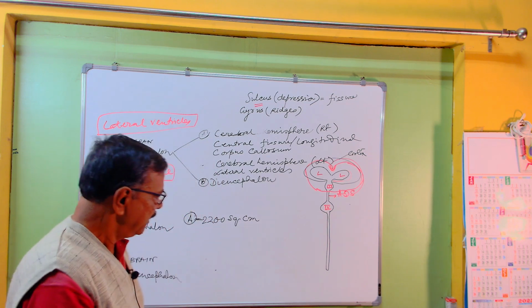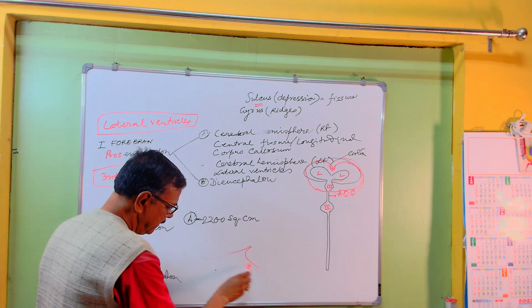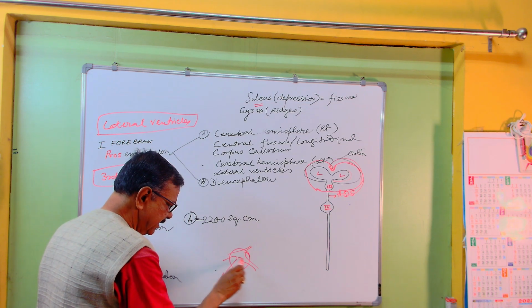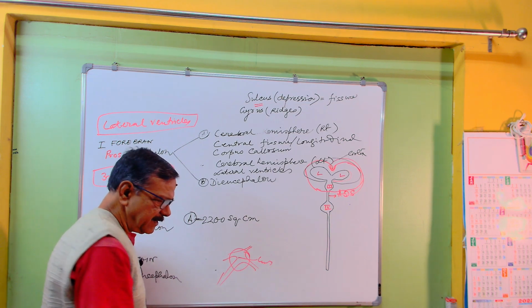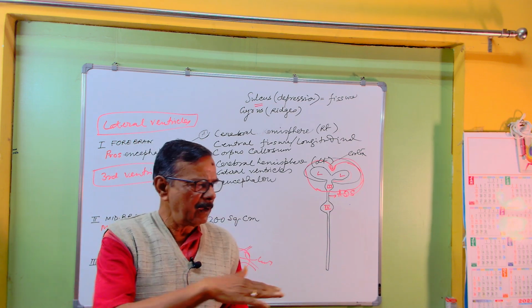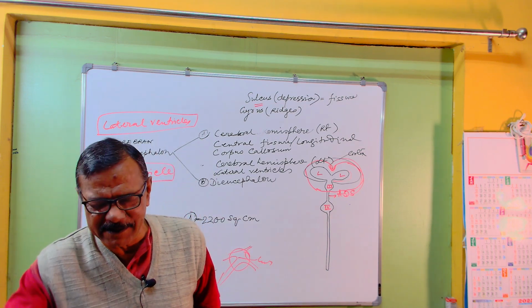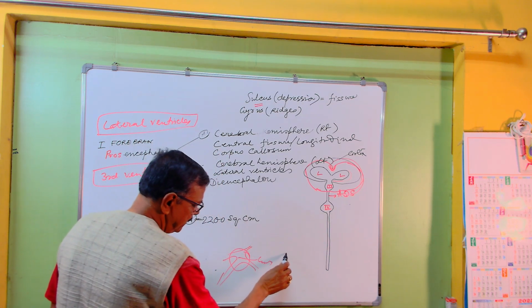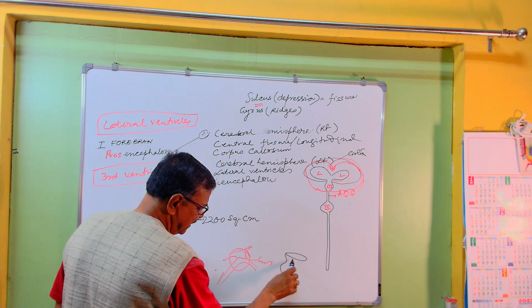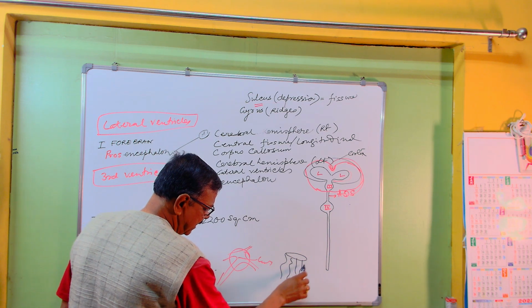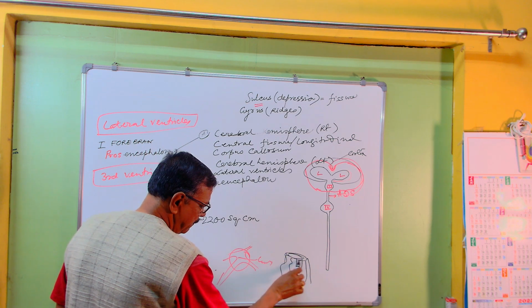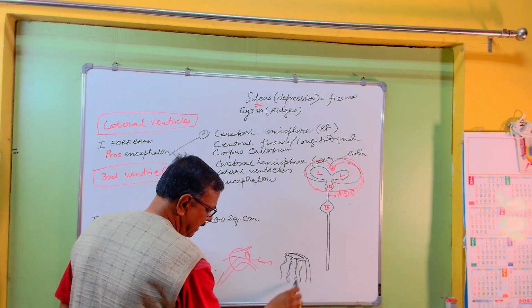Why? Because we know that the cell body is grey. It remains fitted like tiles, and these are the cell bodies and these are the axons of neurons.